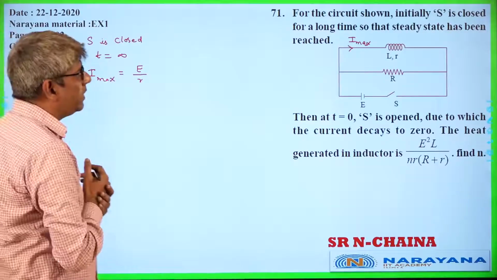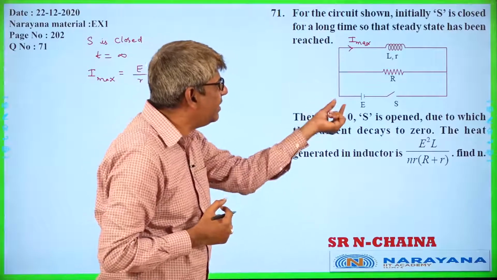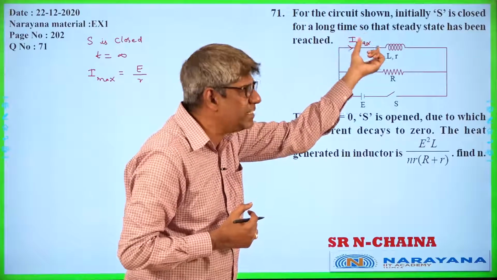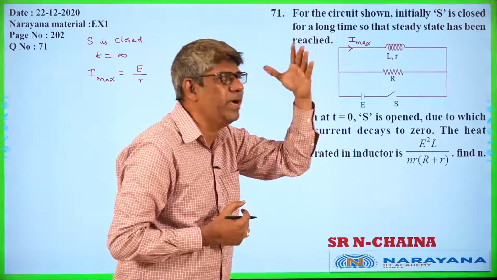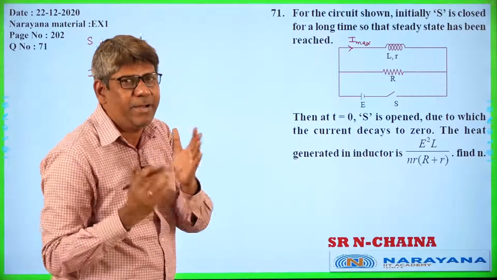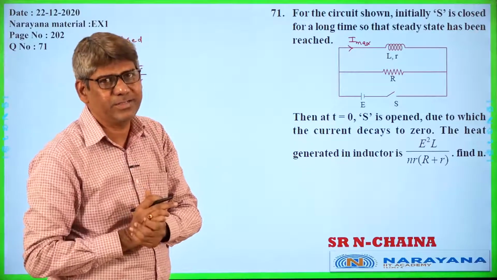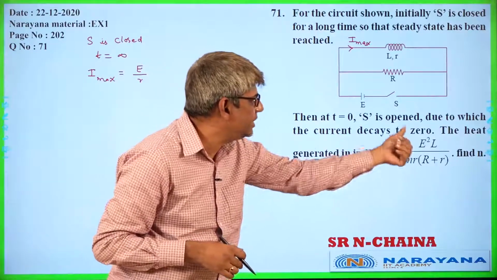Now what he is asking to calculate: at t is equal to 0, the current passing through the inductor is maximum. Now at t is equal to 0, S is opened. Opened means the circuit will become a decay circuit. Current will go on decreasing to 0 as given.